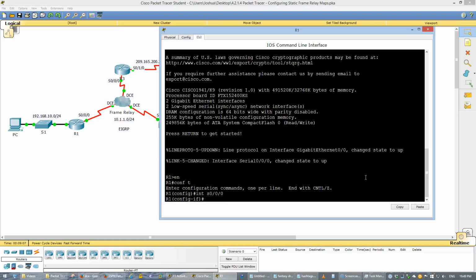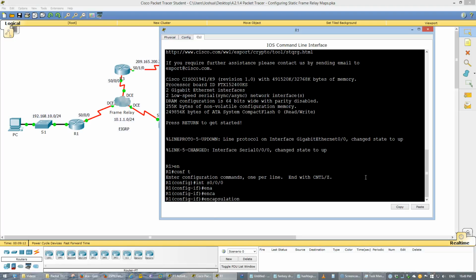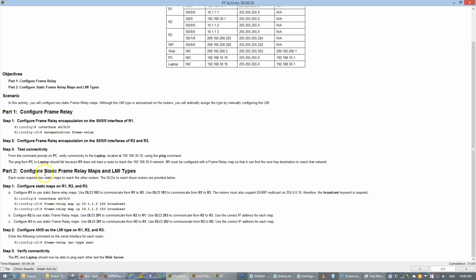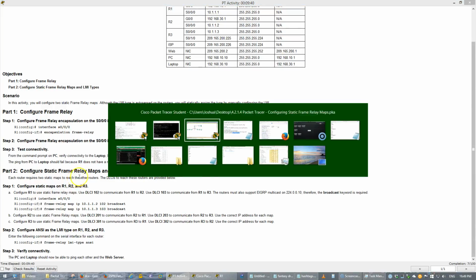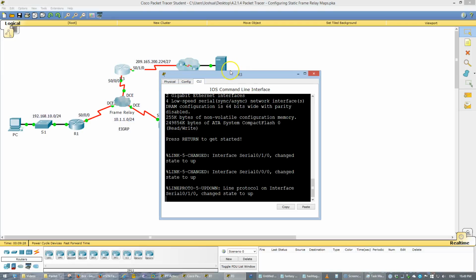Remember, the default encapsulation for WAN is HDLC. And let's go ahead and do all the routers' serial interfaces with the frame relay.